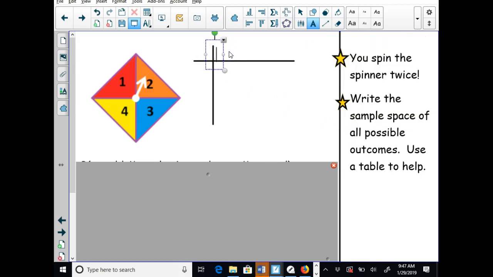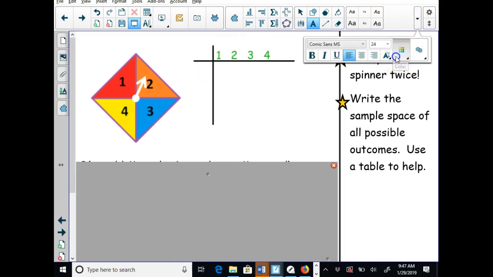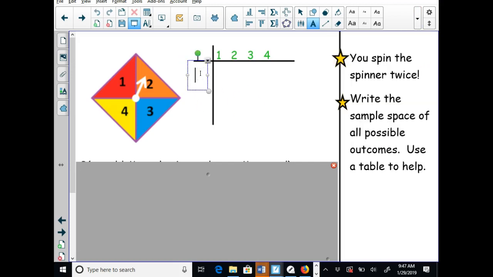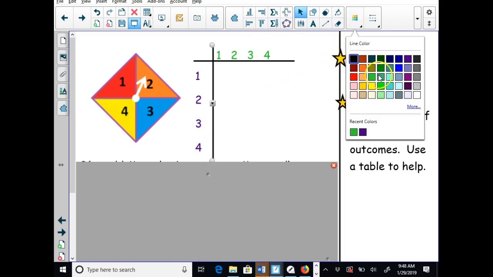So on my first spin, I could get a 1, a 2, a 3, or a 4. Now, again, I could also have a second spin, right? Because we're spinning it twice. We'll use purple. On the second spin, I could get a 1, a 2, a 3, or a 4. Now I'm going to fill this table out.